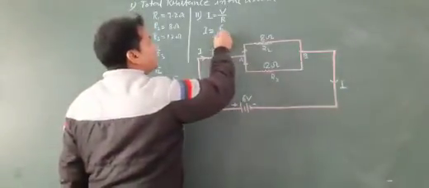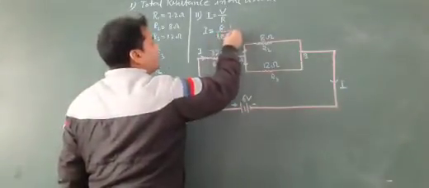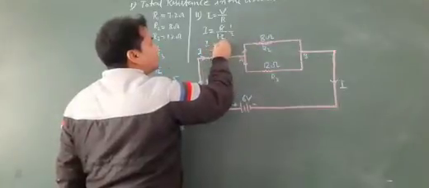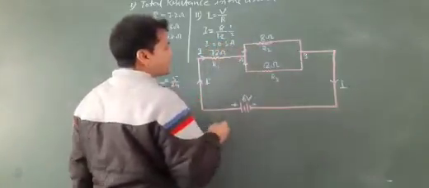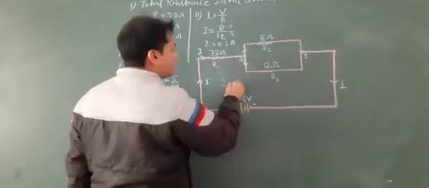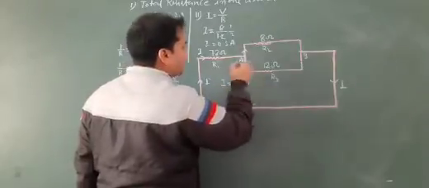Then 6 by 12 is 1 by 2, so I equals 0.5 ampere.